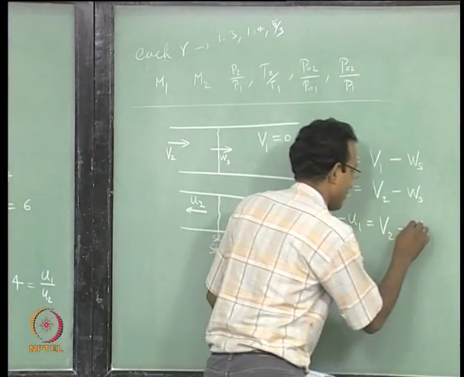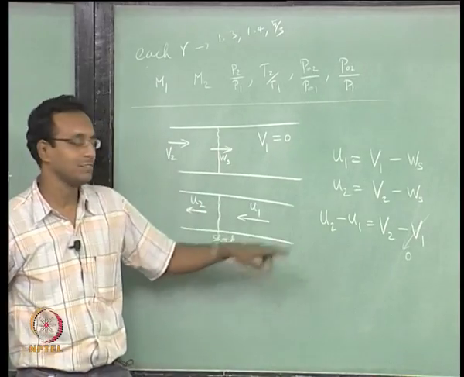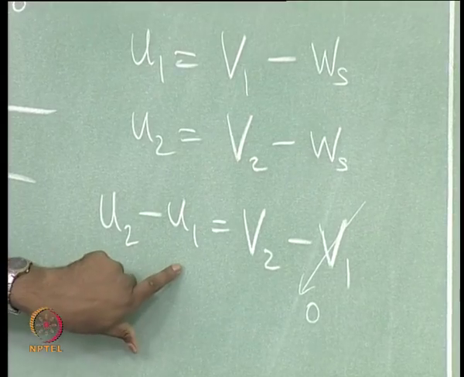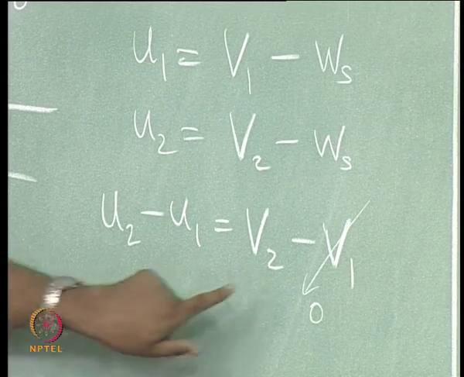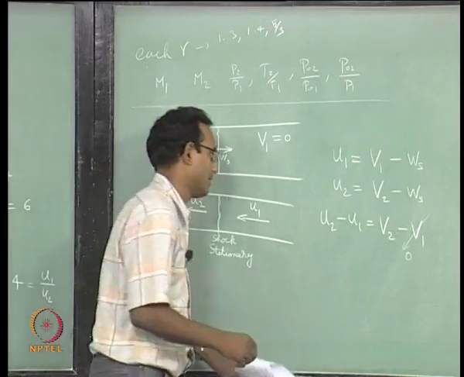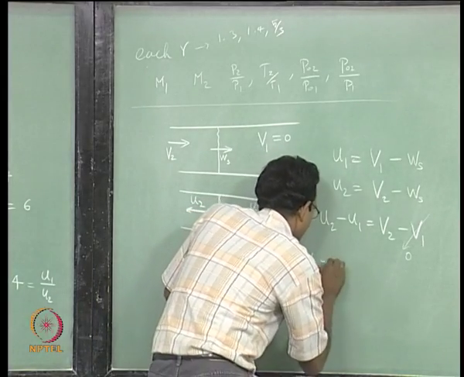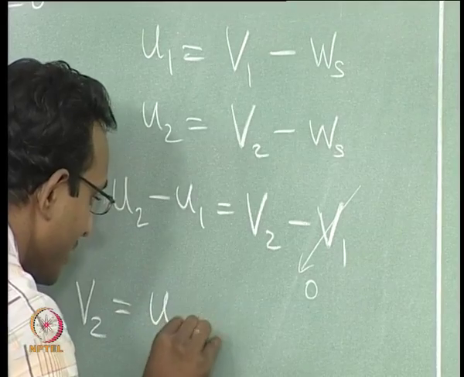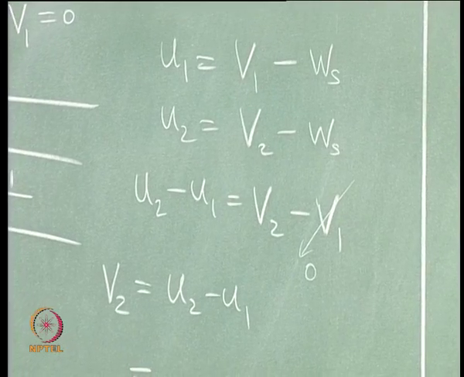So, I am going to set v1 equal to 0. My v2 has a relation already, u2 minus u1 in shock fixed coordinates, that will be my v2. So I am going to have v2 equal to u2 minus u1, and I want to write it in terms of Mach number.